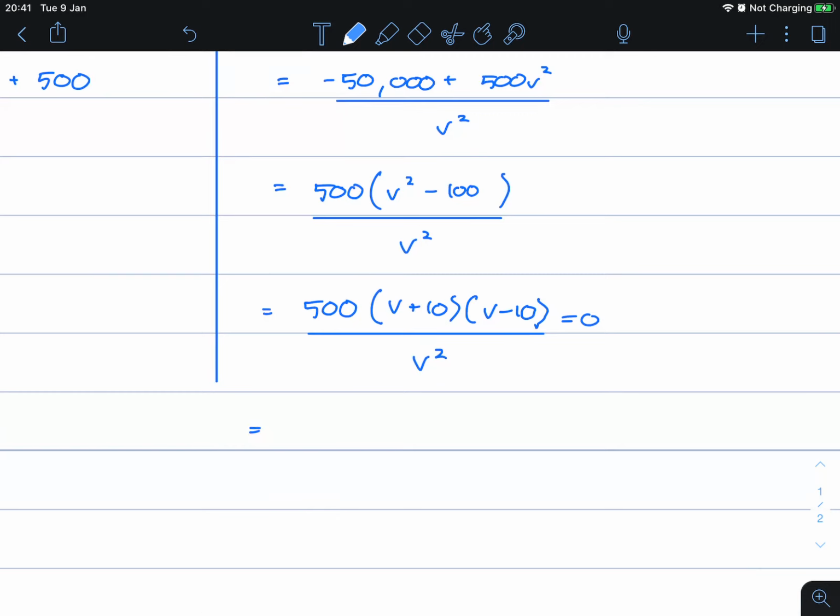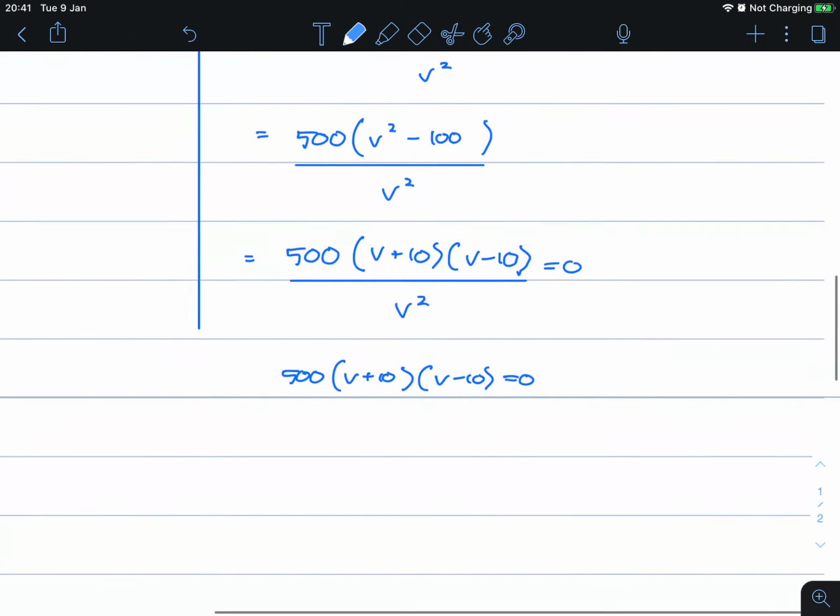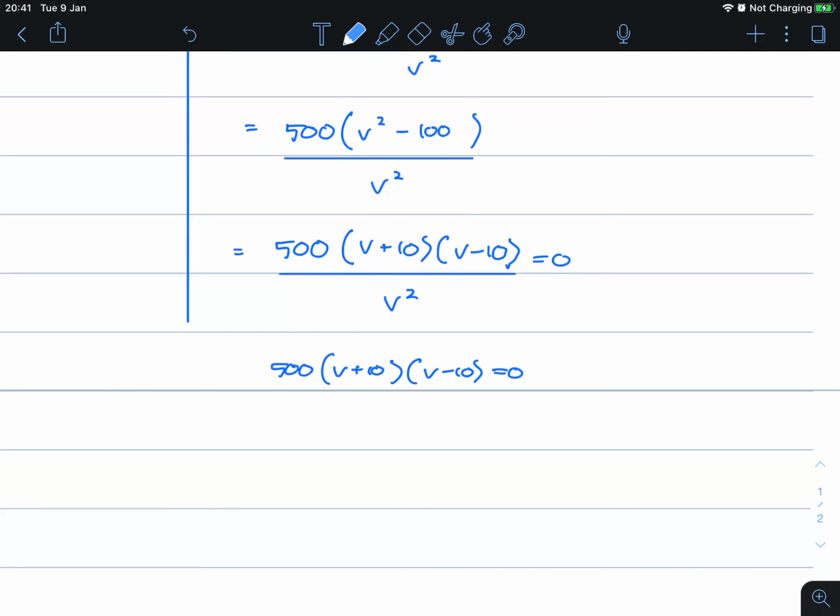For this now, we're going to multiply by V squared on both sides, and now we're going to divide by 500, leaving us with V plus 10, V minus 10 is equal to 0.